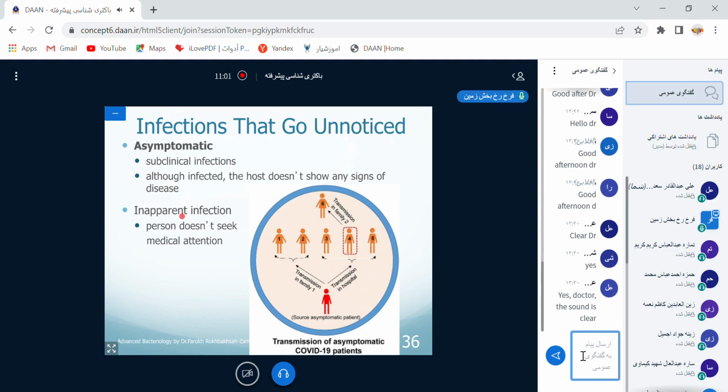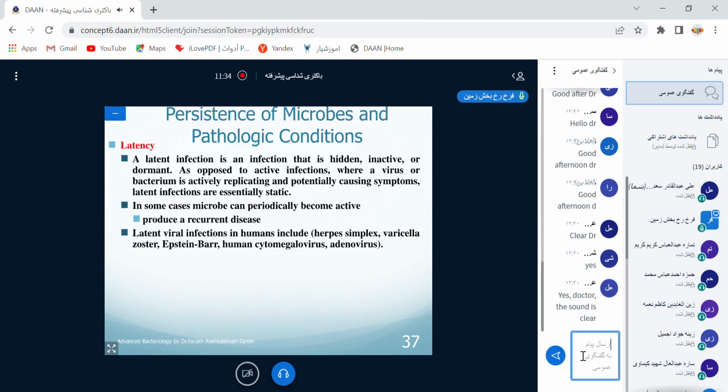In apparent infection, the person doesn't seek medical attention. Why? Because the patient doesn't know he has any disease. So when a patient doesn't know about the illness, doesn't know he has a problem, he never goes to a physician and never starts any medicine. So that is what we explained last week.